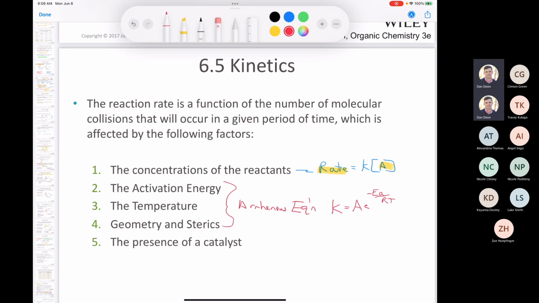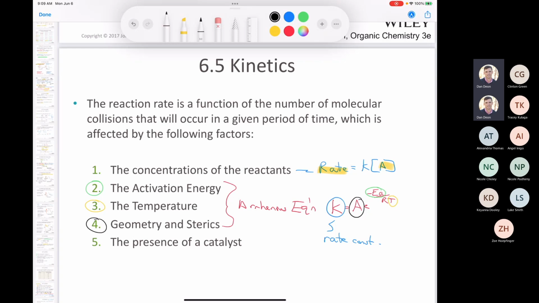And so we see that the rate of our reaction, because this is our rate constant, is clearly affected by the activation energy. It's right there in the formula. It's also affected by the temperature. That's also there in the formula. And then the whole geometry and sterics thing is actually worked into the pre-exponential factor. And finally, the rate of reaction is also affected by the presence of a catalyst.